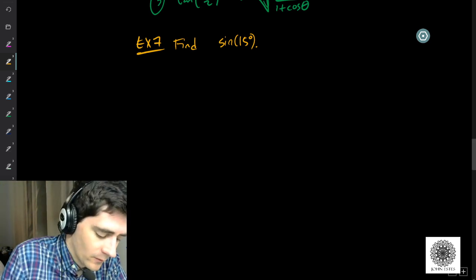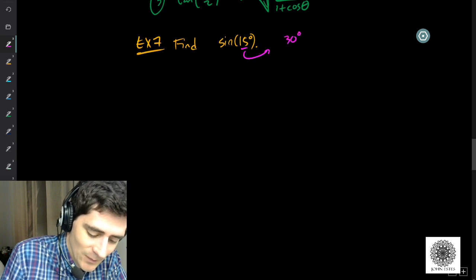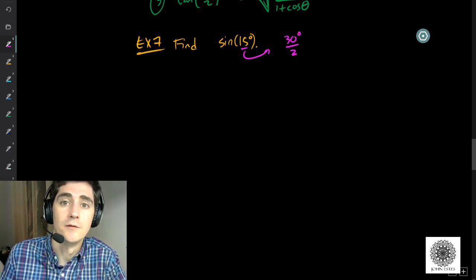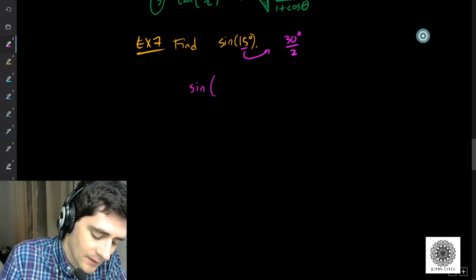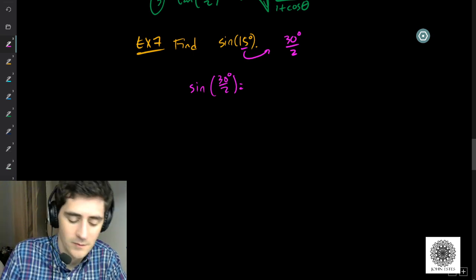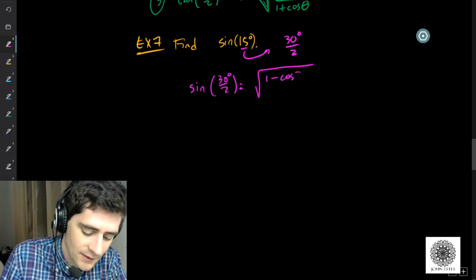So 15, recognize that, please, as 30 degrees divided by 2. So here I'm trying to find then sine of 30 degrees divided by 2, which is going to be the positive square root of 1 minus cosine 30 degrees all over 2, right?